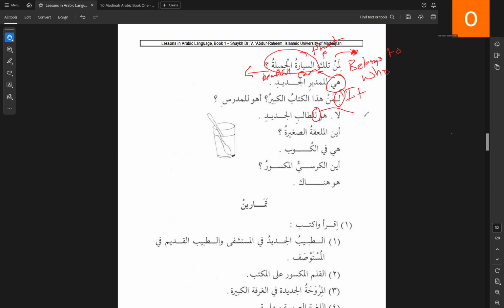Harf jar, right? And it turns the word that is attached to it majroor. What's the example that we know from the Quran?